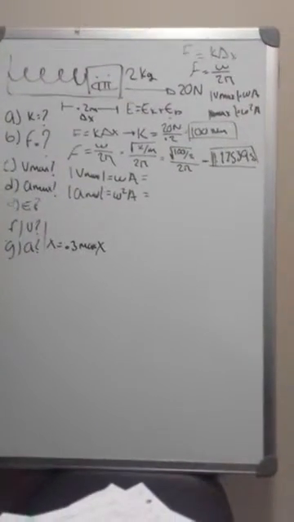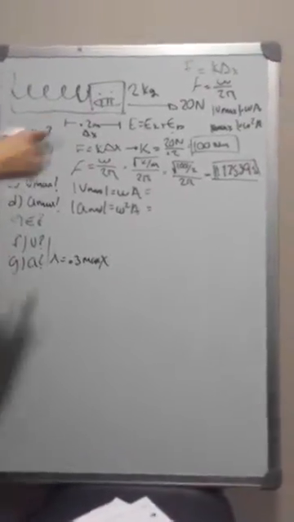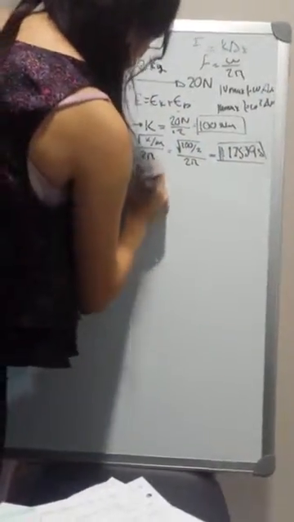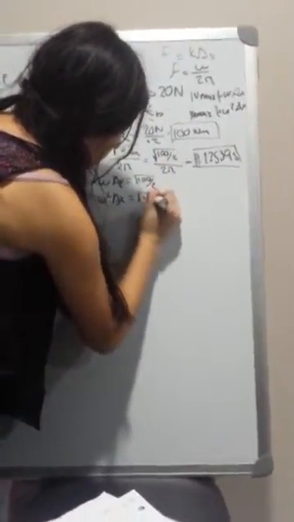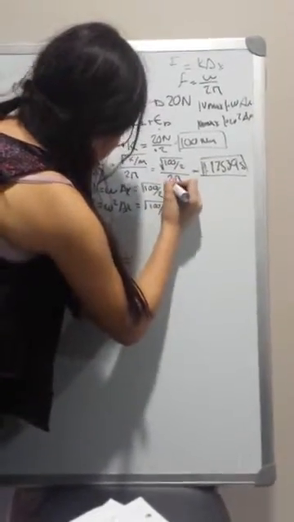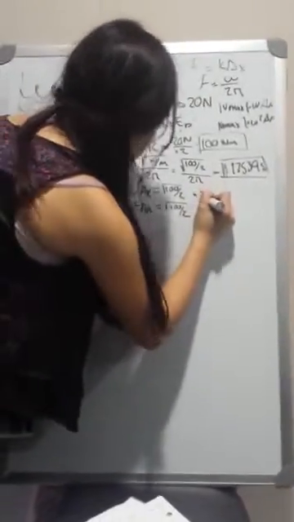No wait, this is not area, this is delta x. We know omega is the square root of 100 divided by 2, and we also know delta x is 0.2.